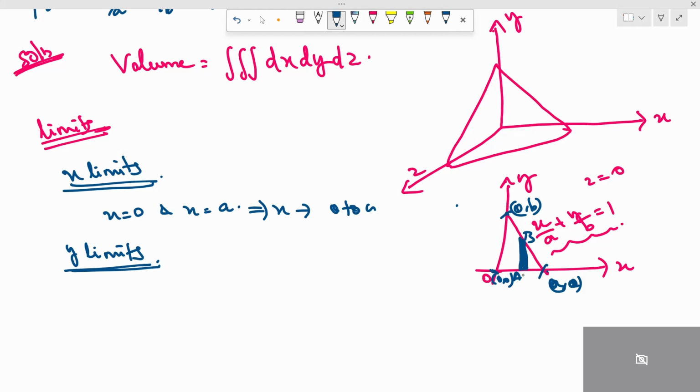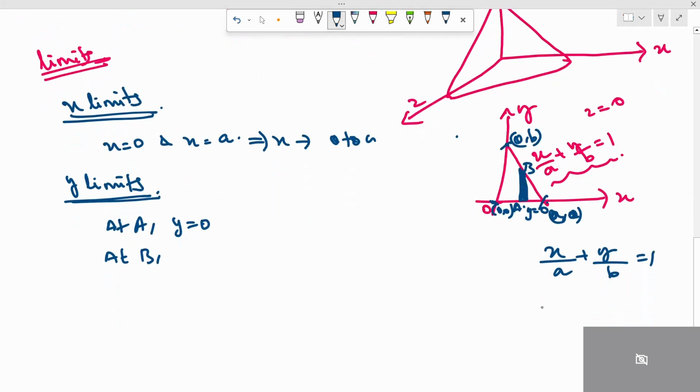Then calculate y limits. Y limit, at both ends we have to take the strip. Here y is equal to 0 on the x axis. At the other end, b lies on the x by a plus y by b is equal to 1 line.